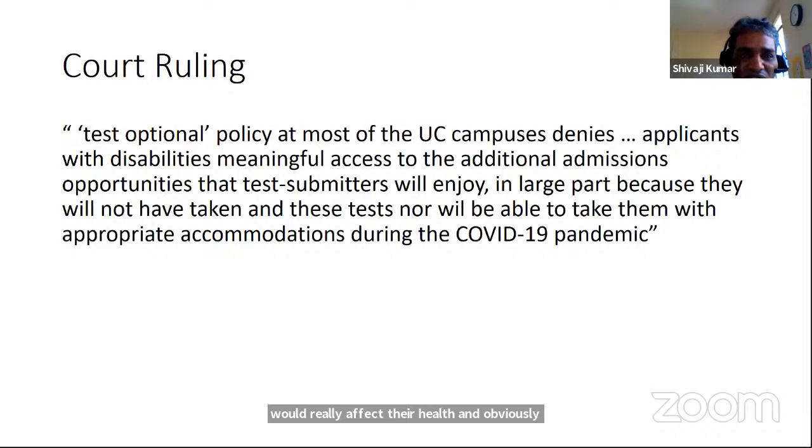And we are all from higher education. We know University of California is a large and influential higher ed institution, and any such far-reaching decision from the court has tremendous consequences for the higher ed landscape in general.